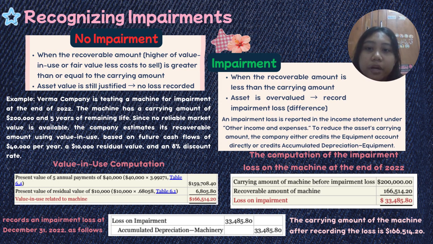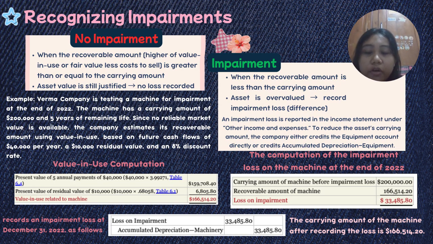Since no reliable market value is available, the company estimates its recoverable amount using value in use, based on future cash flows of $40,000 per year, a $10,000 residual value, and an 8% discount rate. This is how we calculate the value in use computation.